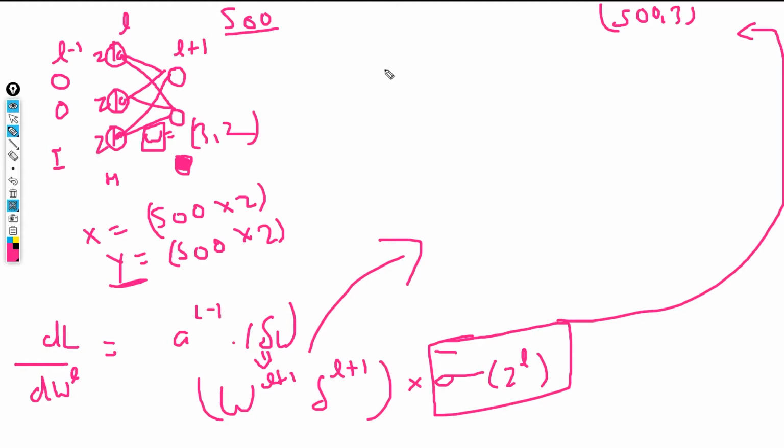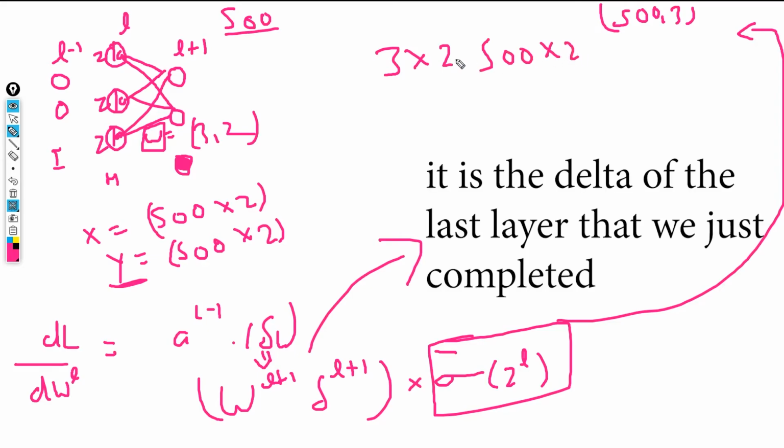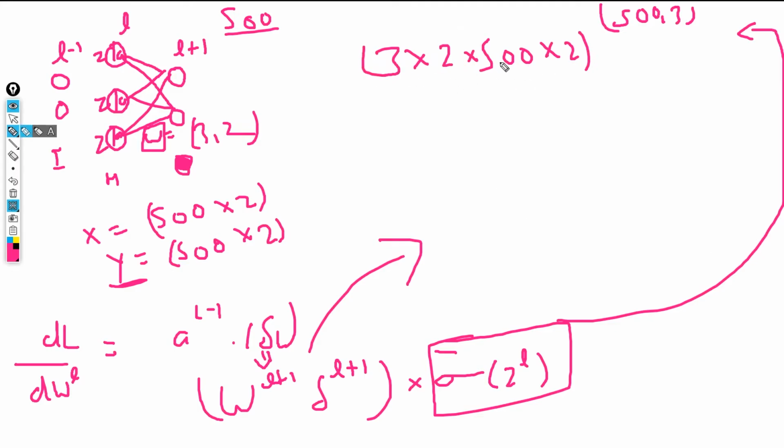So let's suppose we have W for the next layer, which is going to be 3 times 2. And then we have delta for this layer, and that delta was 500 times 2. So now what we can do is take a transpose of this.